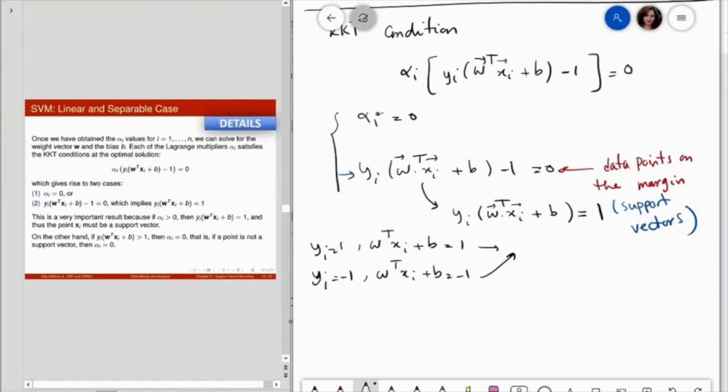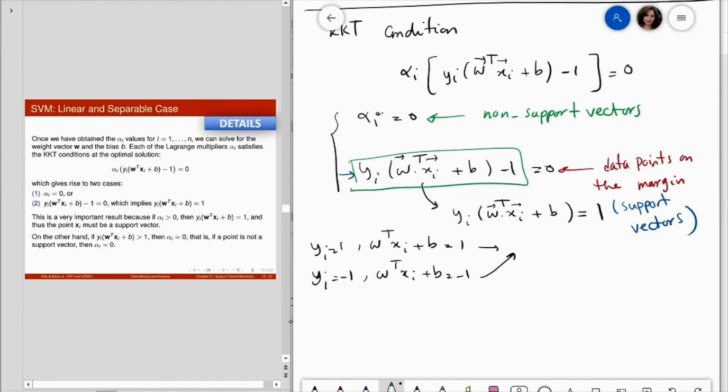But for the non-support vectors, when we don't have this, we should have alpha i's equal to 0, because the only points for which this is happening are the support vectors. So for the rest of the data points, we should have alpha i's equal to 0.